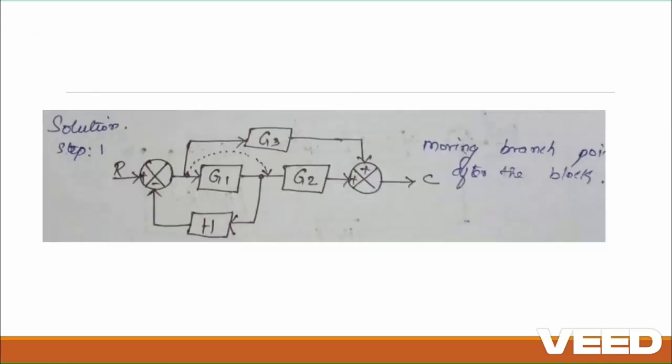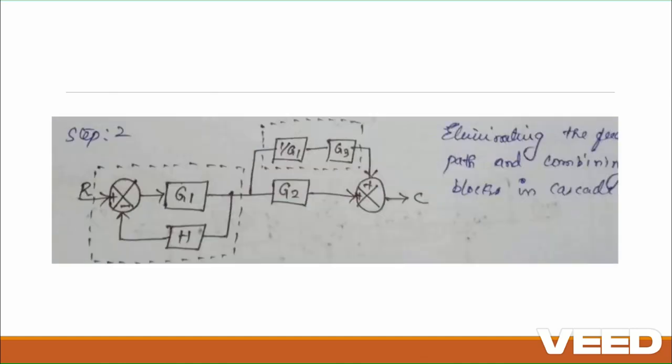If we move the branch point after the block, what we do is include 1 by G1 so that these two blocks are in series. Then G1 and H become a closed loop transfer function. Now we simply add the term G2 plus G3 by G1.